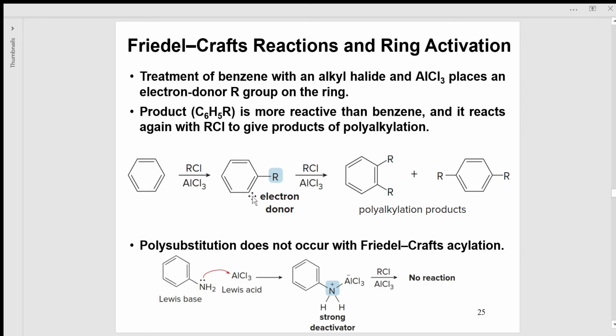It's an ortho para director. So the second step, we have 5 hydrogens to replace, but they do not react equally. Only the ortho position or para position will do this substitution reaction, because this is an electron donating group and it is the ortho para director.